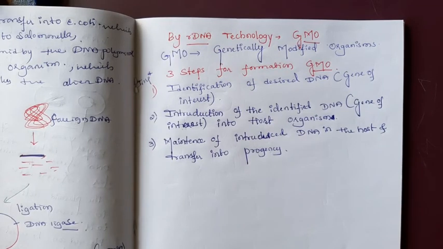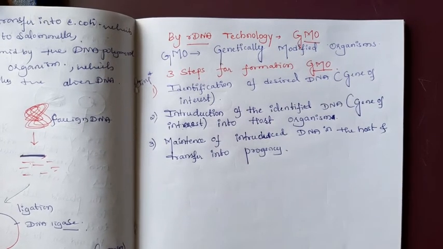Then introduction of the identified gene of interest into the host organism for multiplication. Then maintenance of introduced DNA in the host and transfer into the progenies. Okay, this is all about GMO.